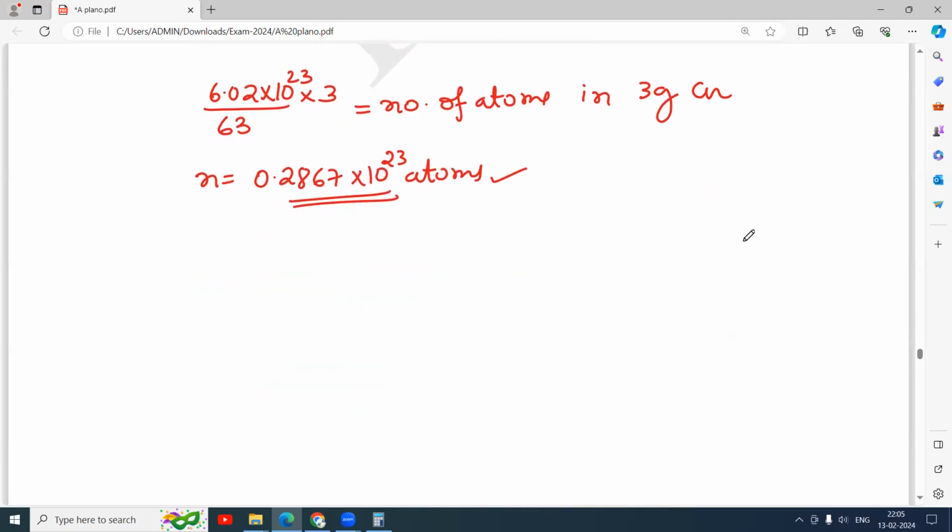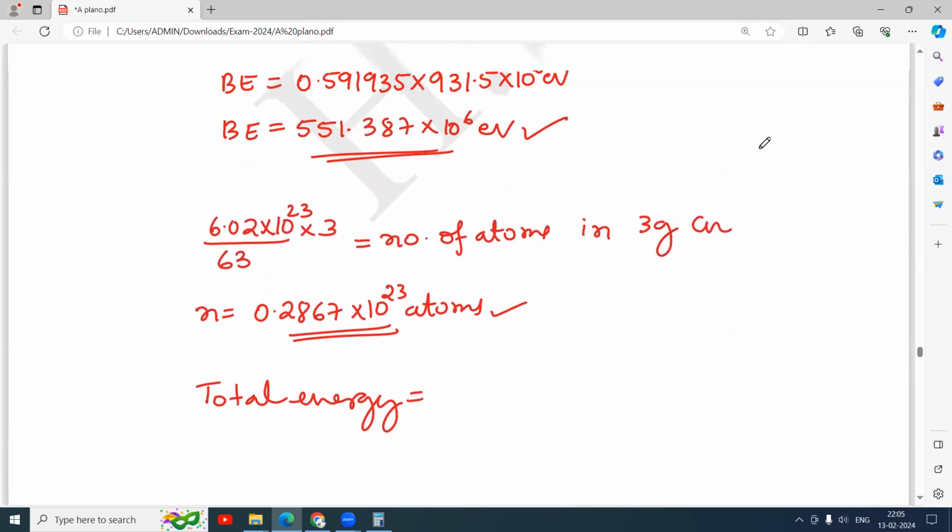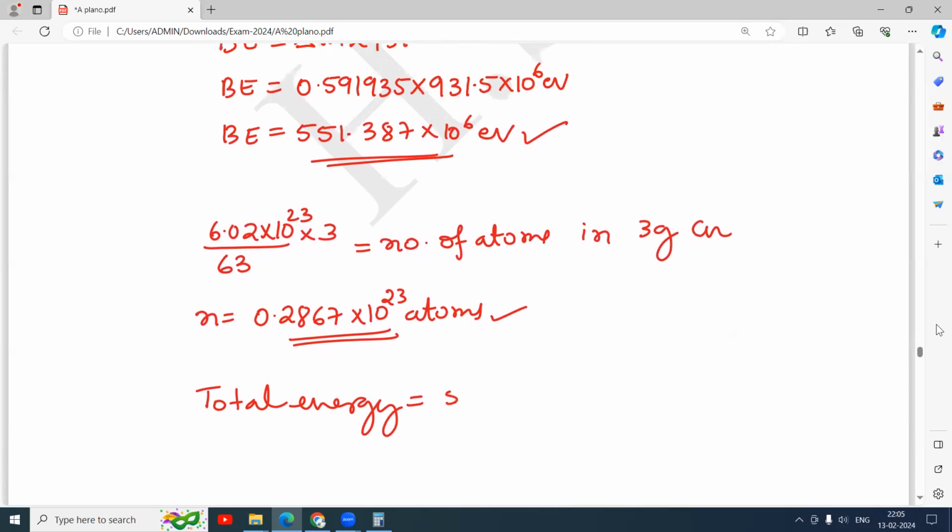So the total energy required to separate all the neutrons and protons of 3 gram of copper is 551.387 into 10 to the power 6, into 0.2867 into 10 to the power 23.